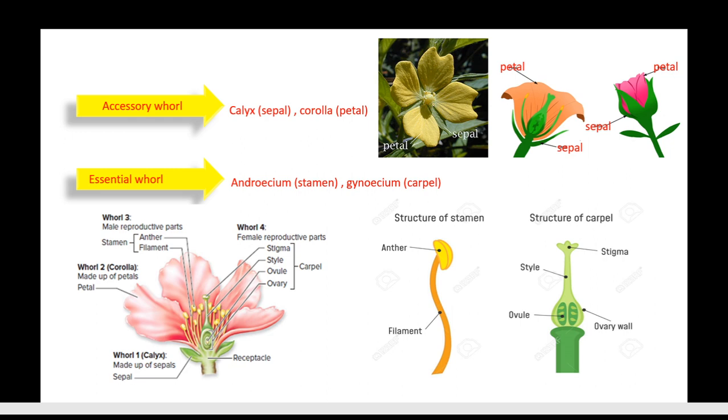And in a flower, we are unable to identify which one is petal and which one is sepal. So, differentiation becomes difficult. Therefore, both sepals and petals are now termed perianth collectively, and the singular word for a perianth part is the tepal.